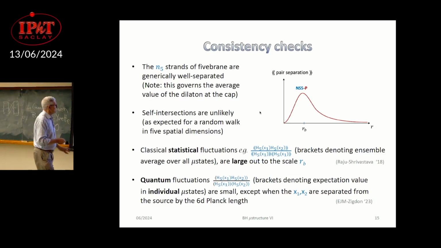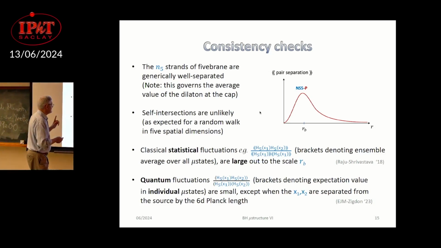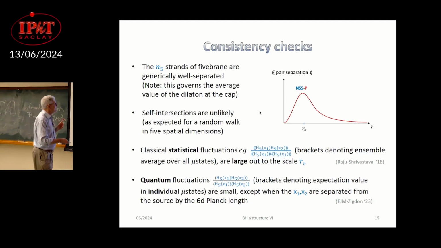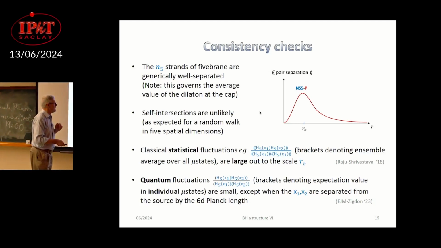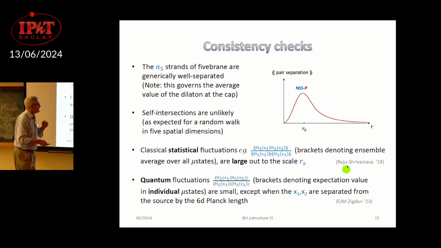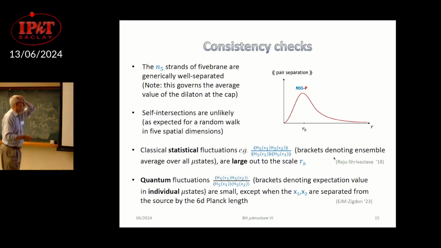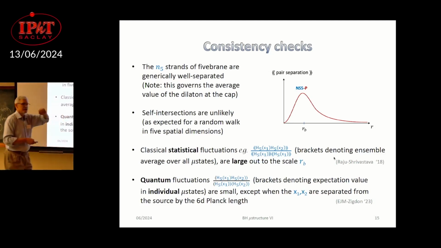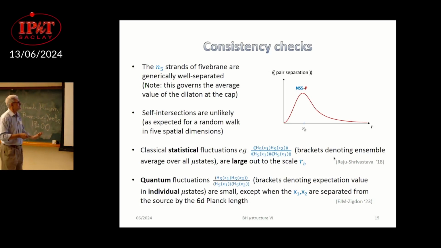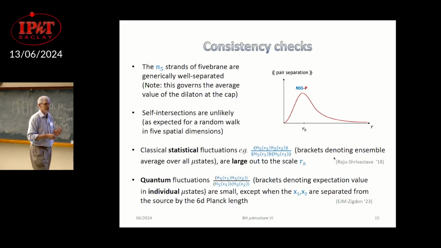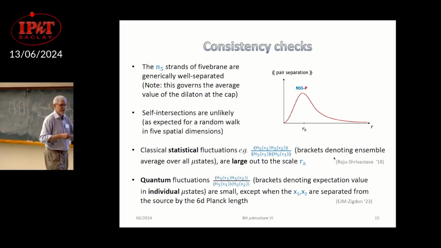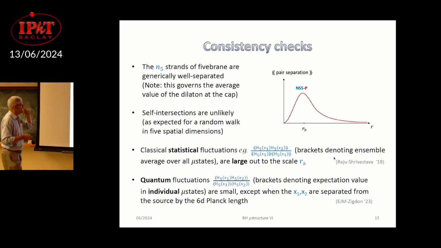Okay. Now, there are 2 other things I should mention. One is that this same ensemble was studied somewhat later by Raju and Shrivastava, and they argued that there are large fluctuations in these things, and they interpreted the fluctuations that they were computing as being some kind of quantum fluctuations, and so all of these geometries I'm telling you are somehow highly quantum and you shouldn't believe them, and classical physics is garbage.